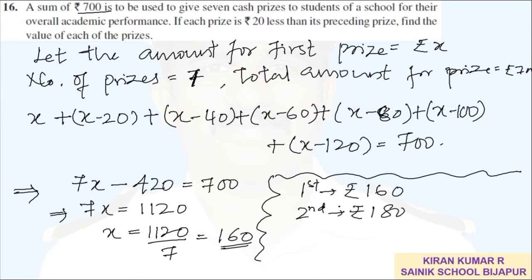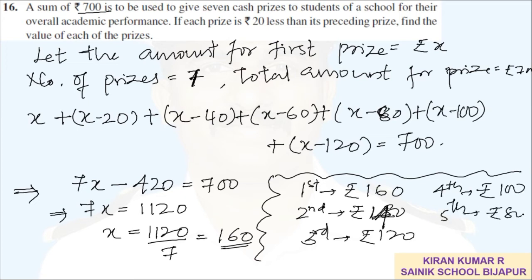The third will be 140. The fourth will be 120. The fifth will be 100. The sixth will be 80, and the seventh prize will be 60. This is how the amount 700 rupees is divided into 7 prizes.